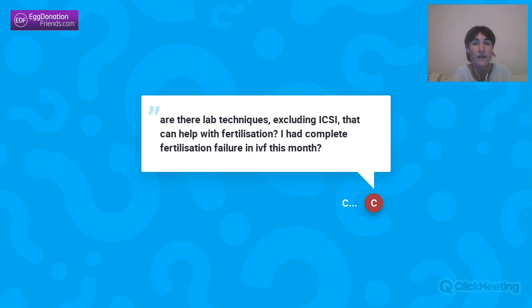We actually managed to have a higher fertilization rate, and the patient is pregnant and they had a baby. So we would need to know your specific case, and maybe it would also be a patient candidate for calcium ionophore treatment. Yes.